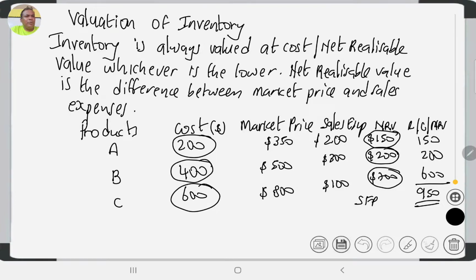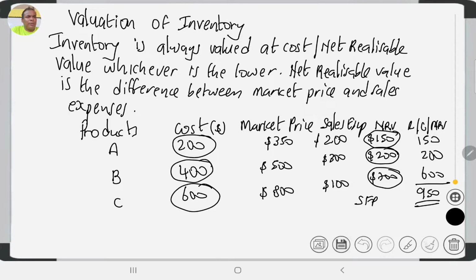Inventory is always valued at cost or net realizable value, whichever is the lower. Net realizable value is the difference between market price and sales expenses. Cost of product A is 200. We are expecting to sell it for 350, but we have some sales expenses amounting to $200, so it could be sold for 150.